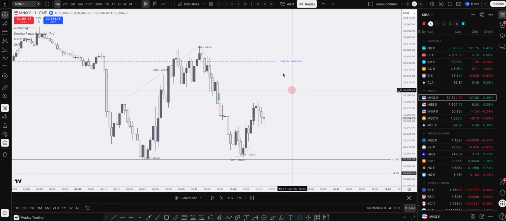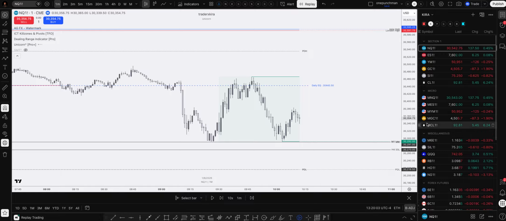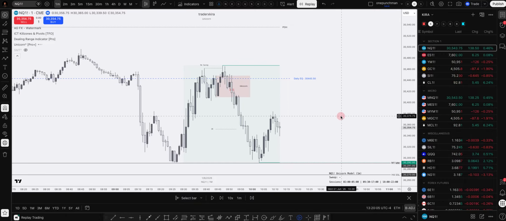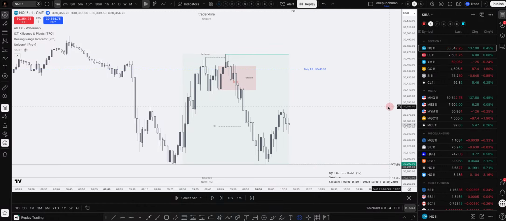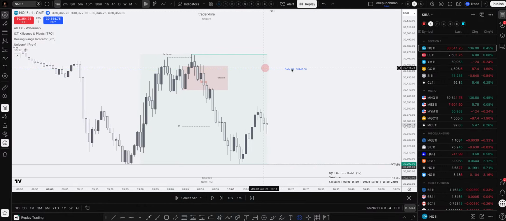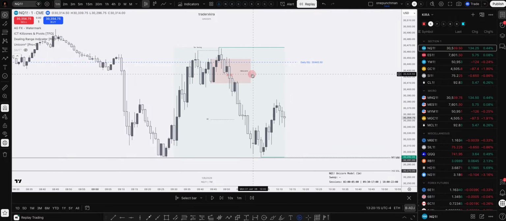Bingo, unicorn. So if I flip on the unicorn model indicator, you'll notice there's a nice clean unicorn that actually formed off the daily EQ. Now I'm not sure how many people maybe took that trade, but this was a valid trade, runs 1R and then some.